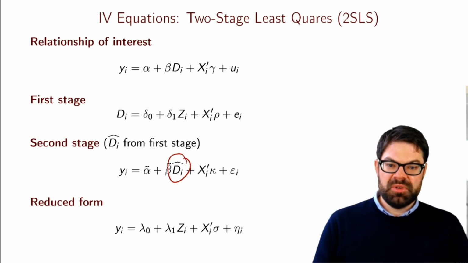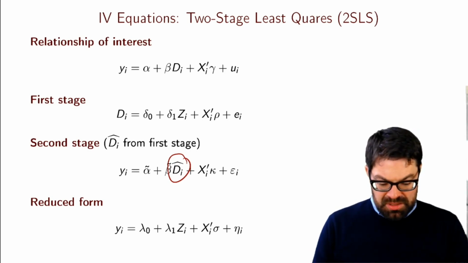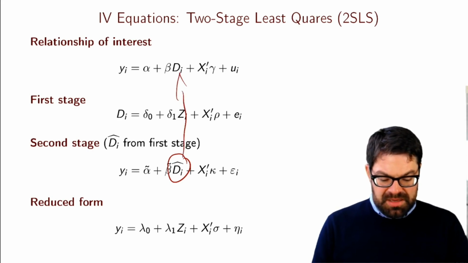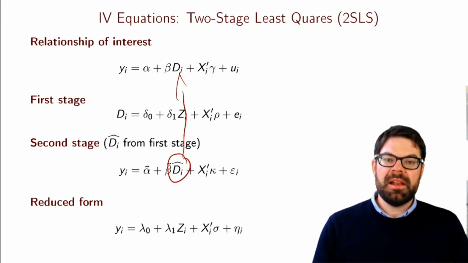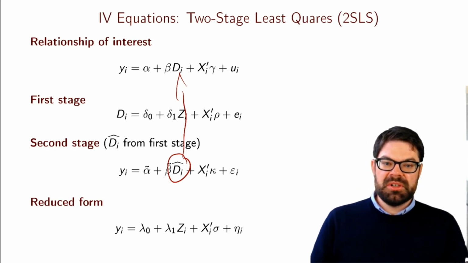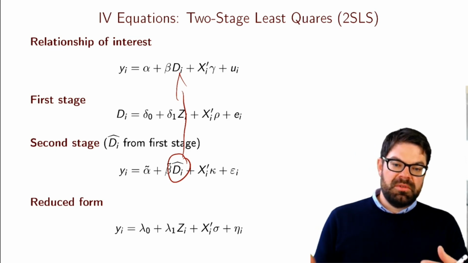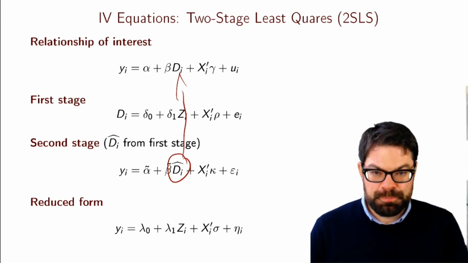So the treatment is predicted based on the instrument, and then we plug this treatment into the relationship of interest, and that gives us then a consistent estimate.